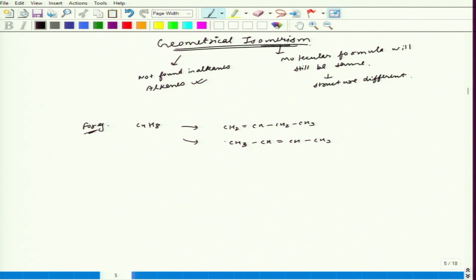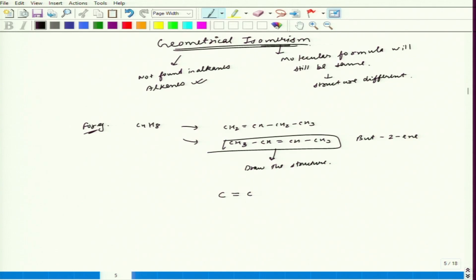So, let's take this for example right now. This was but-2-ene. Okay. So, if we have to draw the structure of it, what will it be?